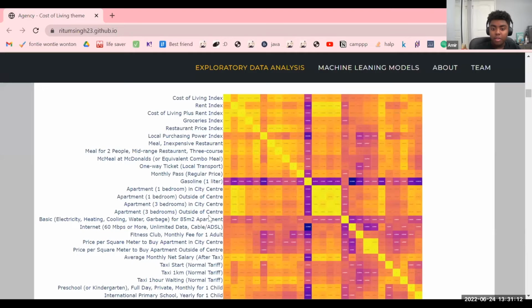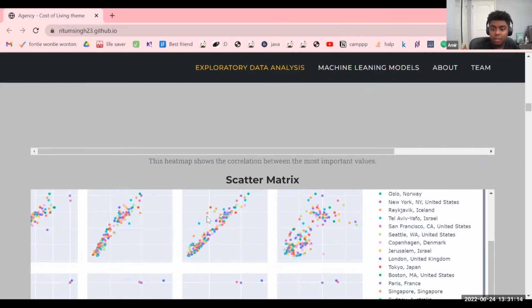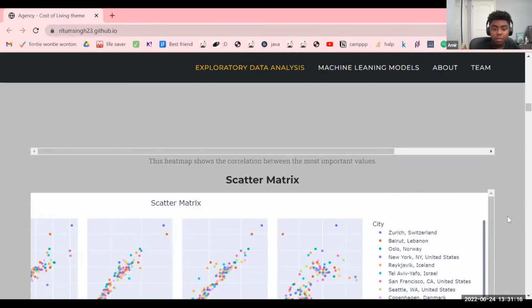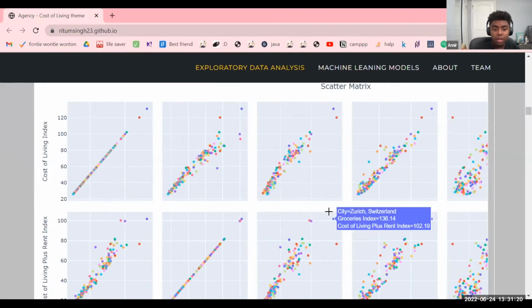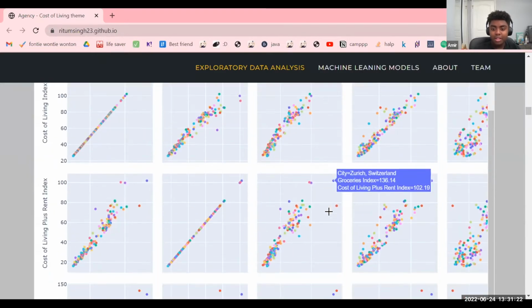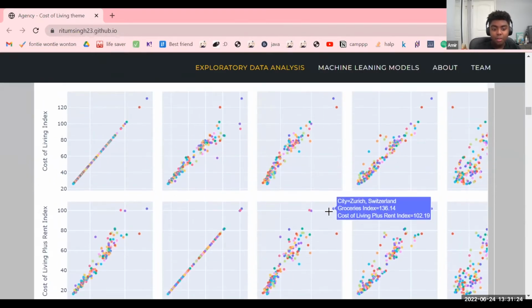And next we have the scatter matrix. So essentially it's like a correlation heat map, but it's been scattered. There's a diagonal line towards the middle, and that's just different values correlating with themselves.